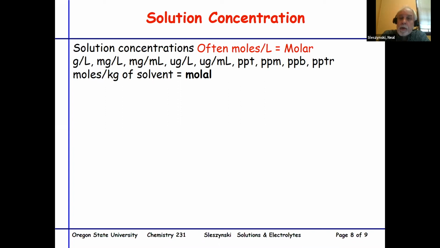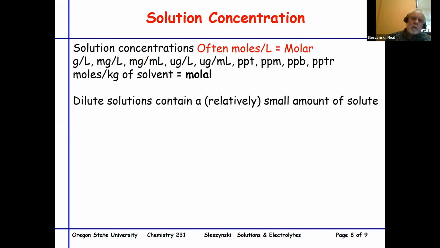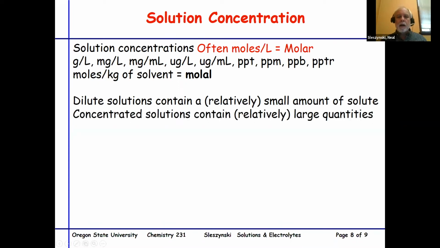In this case, then, we end up using units of molal, where the weight of the solvent does not change with temperature. We talk about dilute solutions containing a relatively small amount of solute, relatively being a qualitative term. We talk about concentrated solutions containing relatively large amounts of solute.